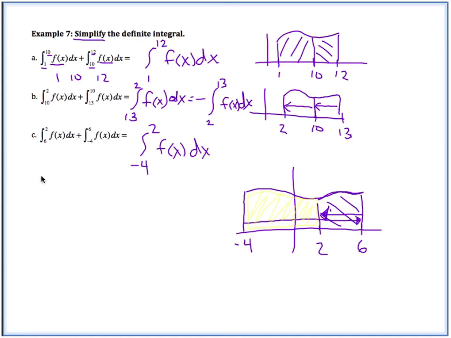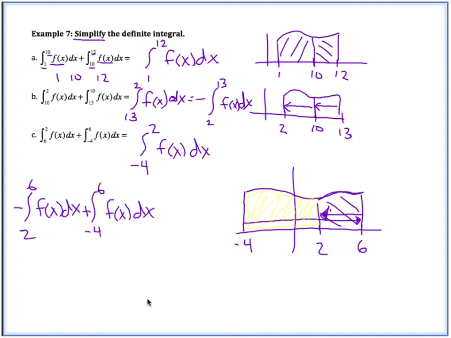Now, another way to think about this is we can change these limits of integration around. So we could have rewritten this as being from 2 to 6. That would change our sign. And then that would be of f of x dx. And then this here would be from negative 4 to 6 of f of x dx.